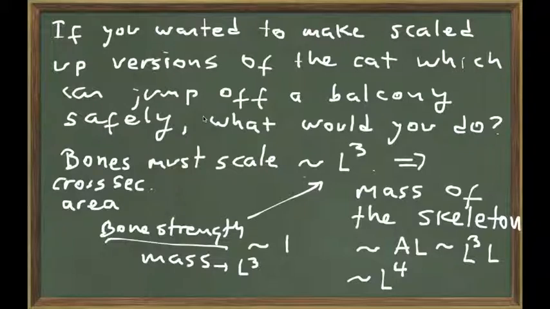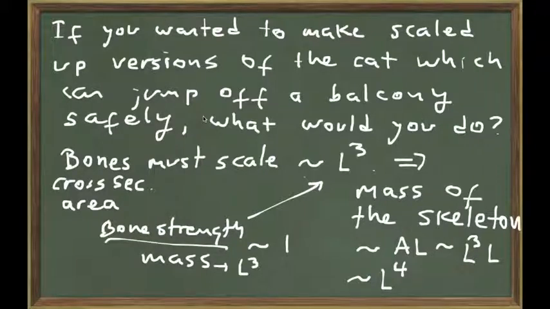Now, if the area of the bone scales like L to the third power, the mass of the bone would scale like L to the fourth power, because the mass of the bone, if you think of a cylinder, will be roughly the cross-sectional area multiplied by the length of it. So the mass of the skeleton of these animals will be proportional to the fourth power of the linear dimension. But the total mass of the animal only grows like the third power.